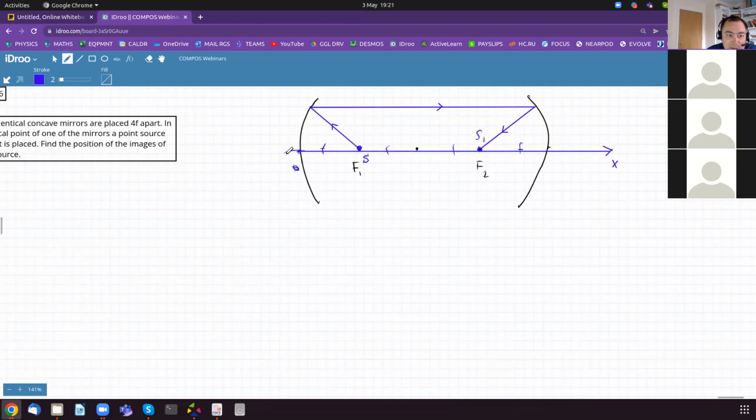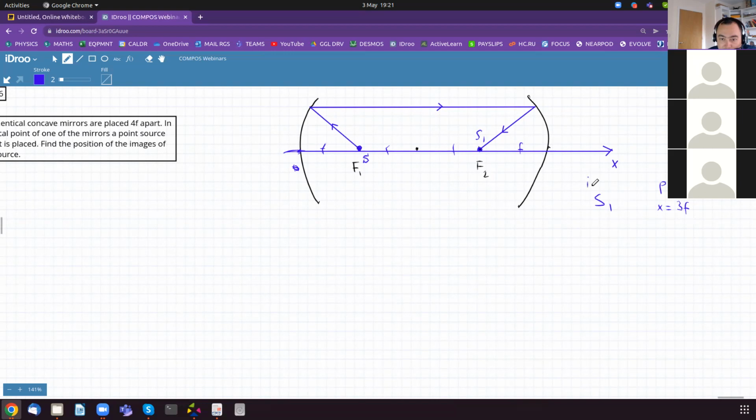S1 is the first image, and it has position X equals 3F.